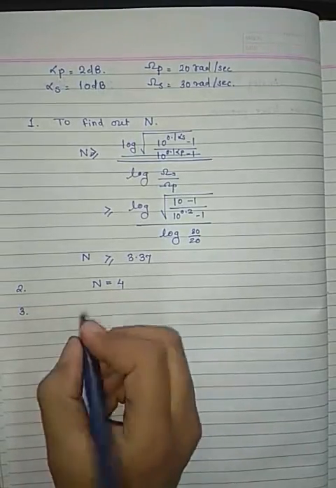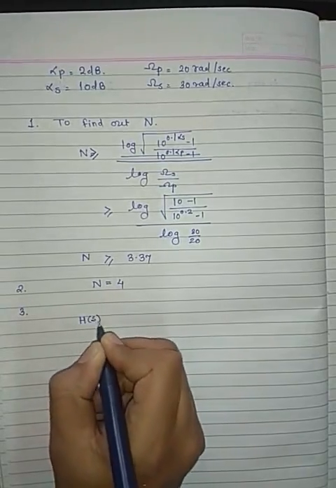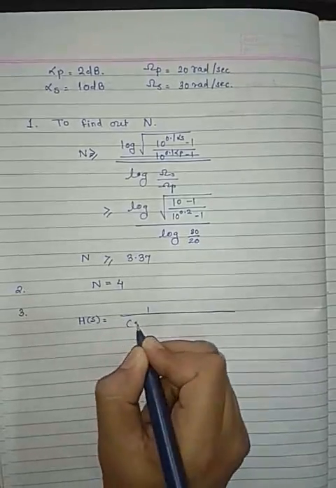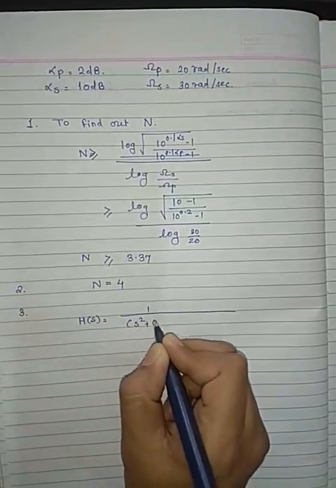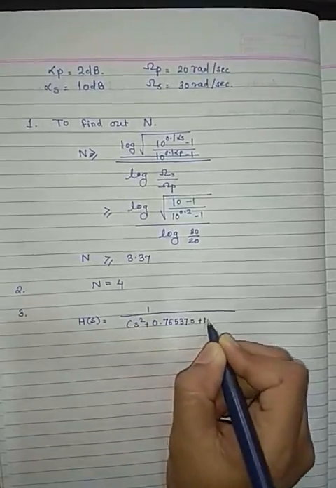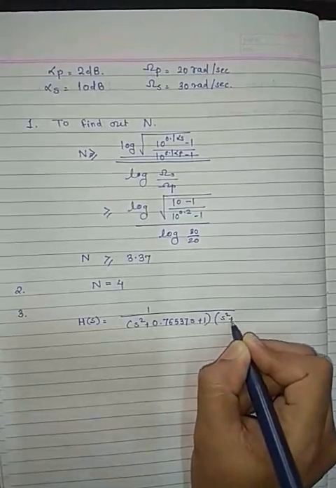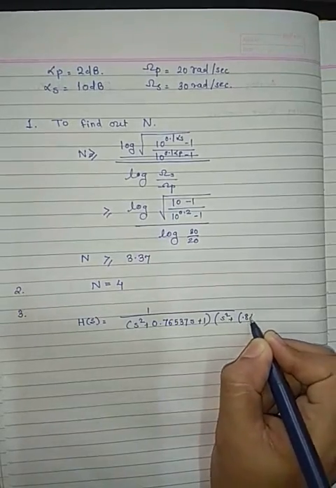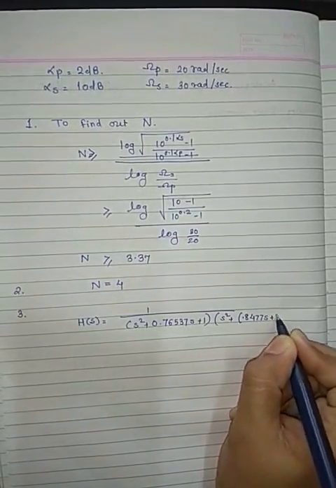In that case, we derived H of S is equivalent to 1 divided by (s square plus 0.76537s plus 1) into (s square plus 1.8477s plus 1).